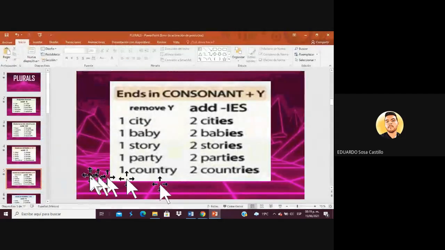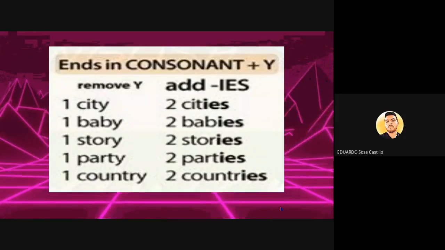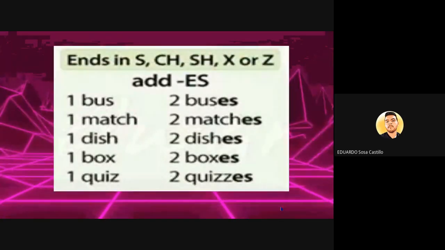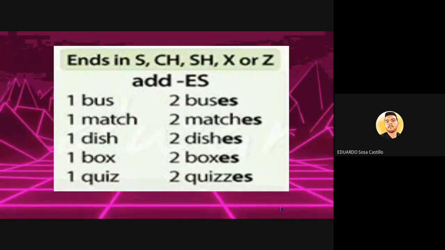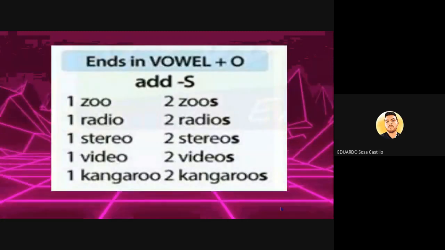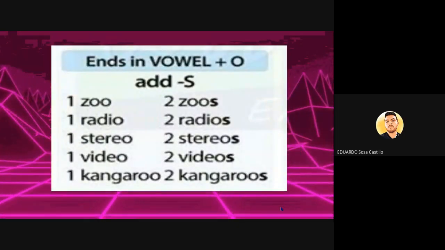Let's go with something more complicated, right? We are going to continue with plurals, but we have already checked what happens with letter Y and what happens with letter S, CH, SH, X, or C. We are going to go now to what happens to letter O. Pay attention.